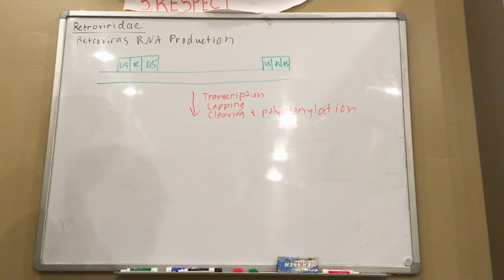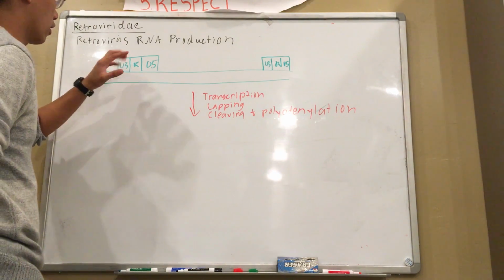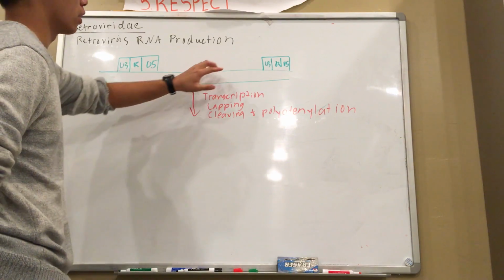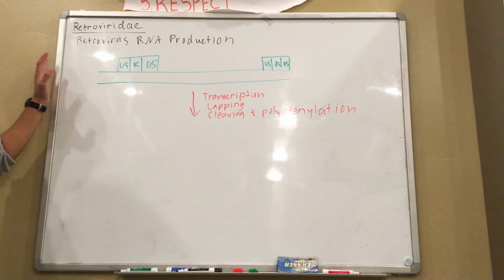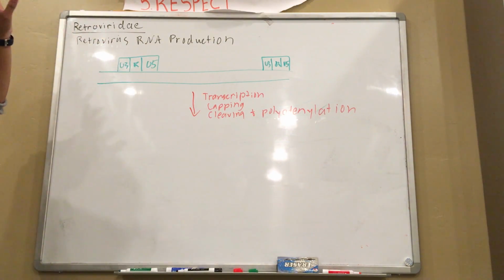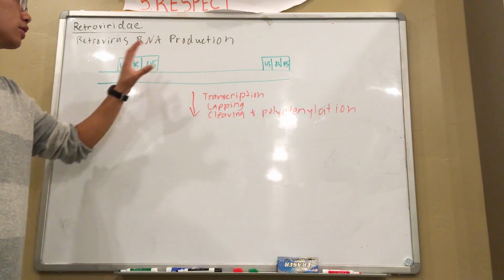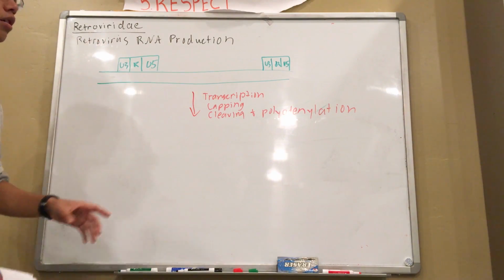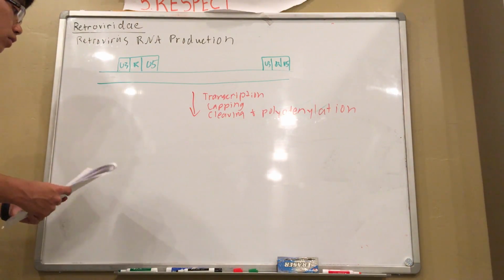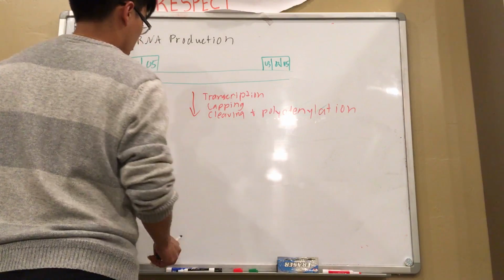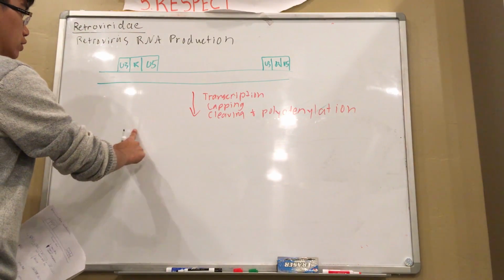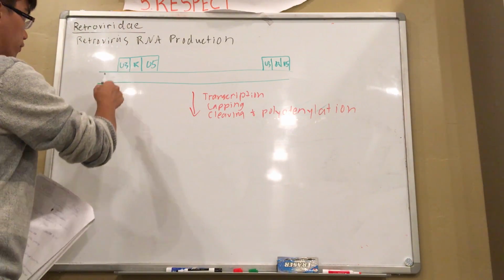The RNA genome of retrovirus doesn't have, on the 5' end, this U3. In its double-stranded form, this is what the viral genome looks like, but this isn't what its actual RNA genome looks like. So when it's transcribing its RNA genome, it has to modify this a bit.